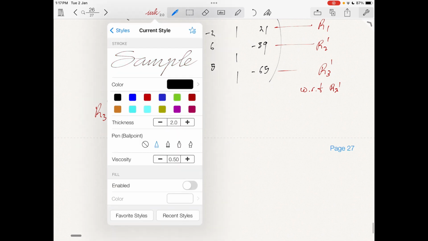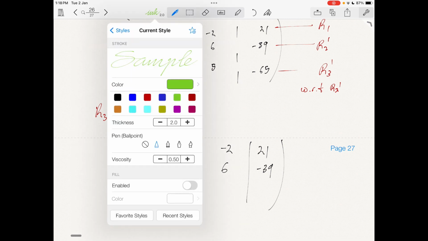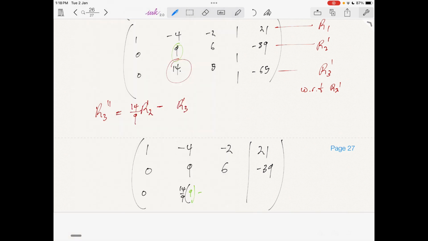So if you perform this operation now, we'll have 1, minus 4, minus 2, 21; 0, 9, 6, minus 39. And we want to convert 14 to 0. So we are going to follow this equation. That will give us 0. And we have 14 over 9, our row 2 in this case is 9, minus our row 3, which is 14.